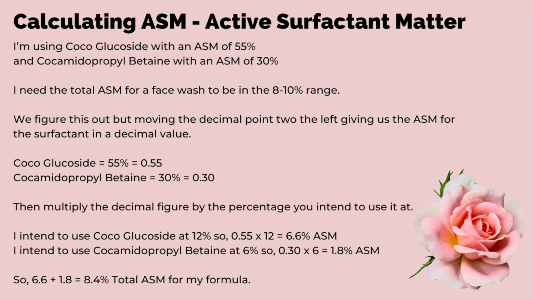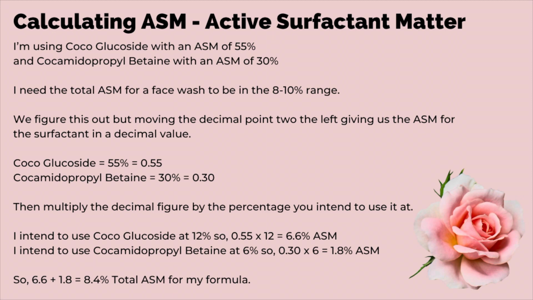So for a face wash, I need a total active surfactant matter for the final product to be within the 8 to 10% range. That keeps it nice and gentle whilst still giving it a bit of foaming and cleansing properties. So we figure this out by moving the decimal point 2 to the left, giving us the active surfactant matter as a decimal value.